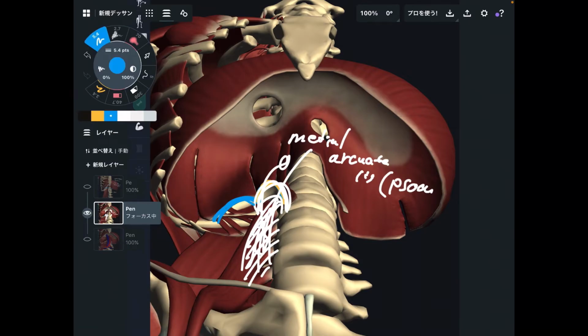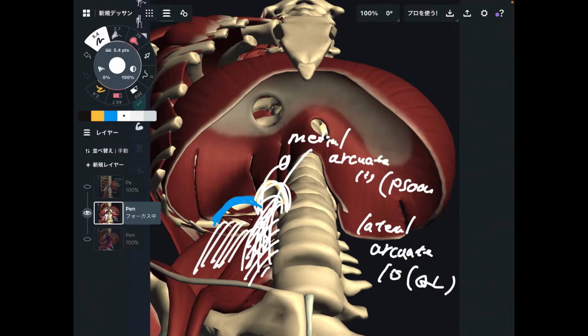Then what about this part, this blue part? This is lateral arcuate ligament. This part has connection with quadratus lumborum. Let's say QL. Quadratus lumborum is here.